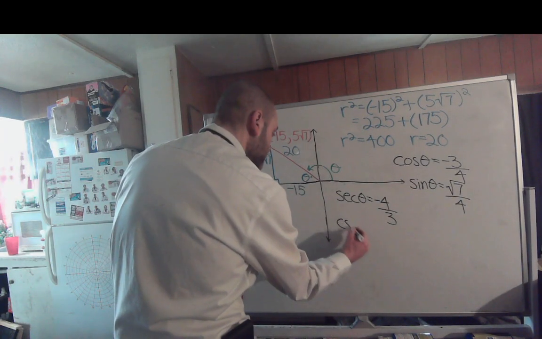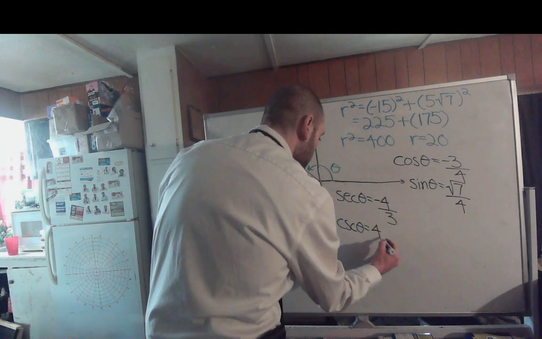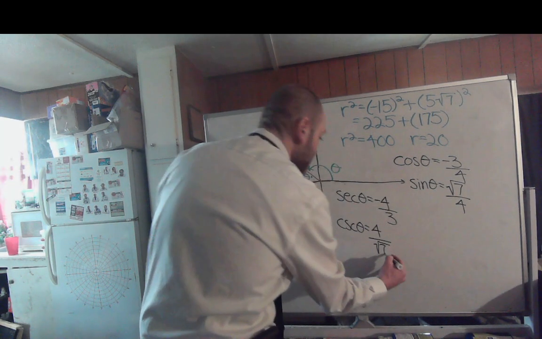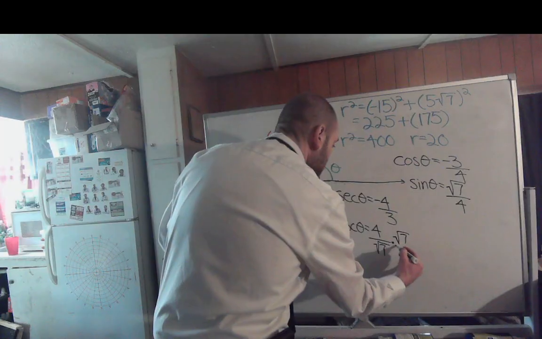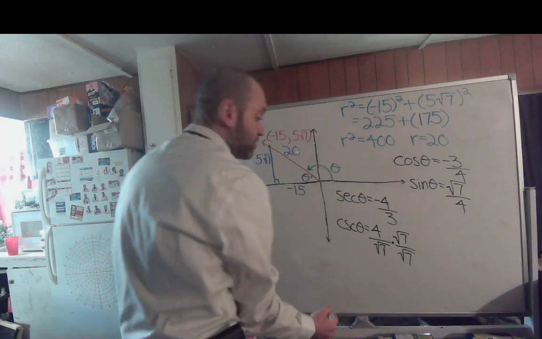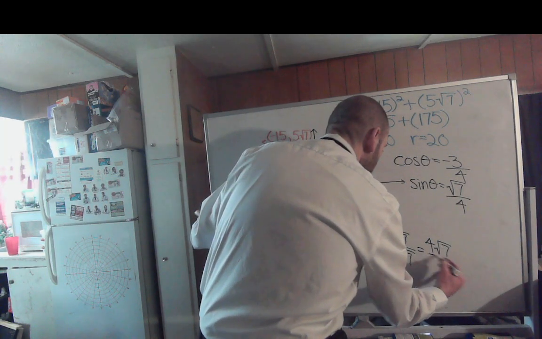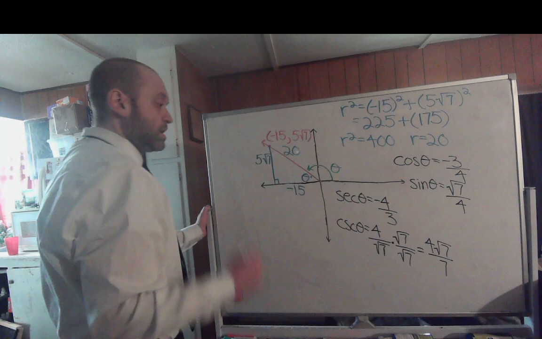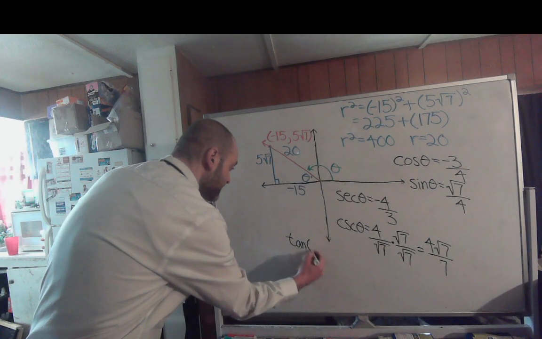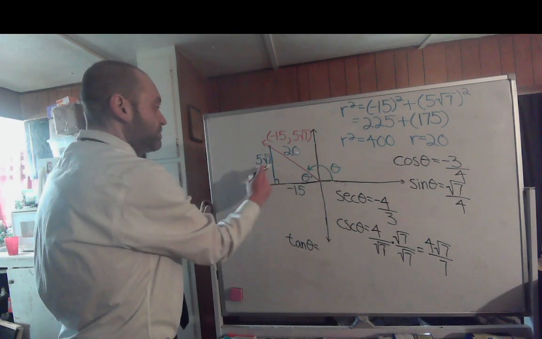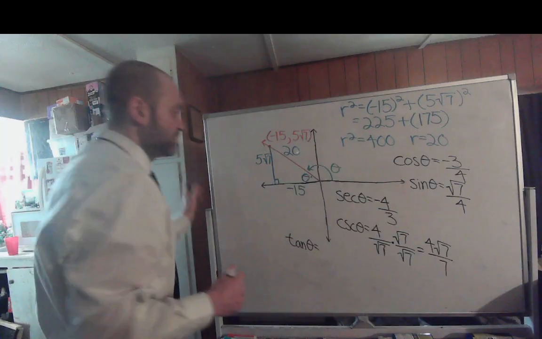Now here's where it gets fun. Let's do the cosecant of theta. That's the reciprocal of sine, so that'd be 4 over the square root of 7, but we need to rationalize the denominator. So that means your cosecant is actually going to be 4 times the square root of 7 all over 7. Alright, now we need to find tangent. The tangent of theta is equal to your opposite over adjacent. So that'd be 5 times the square root of 7 over negative 15.